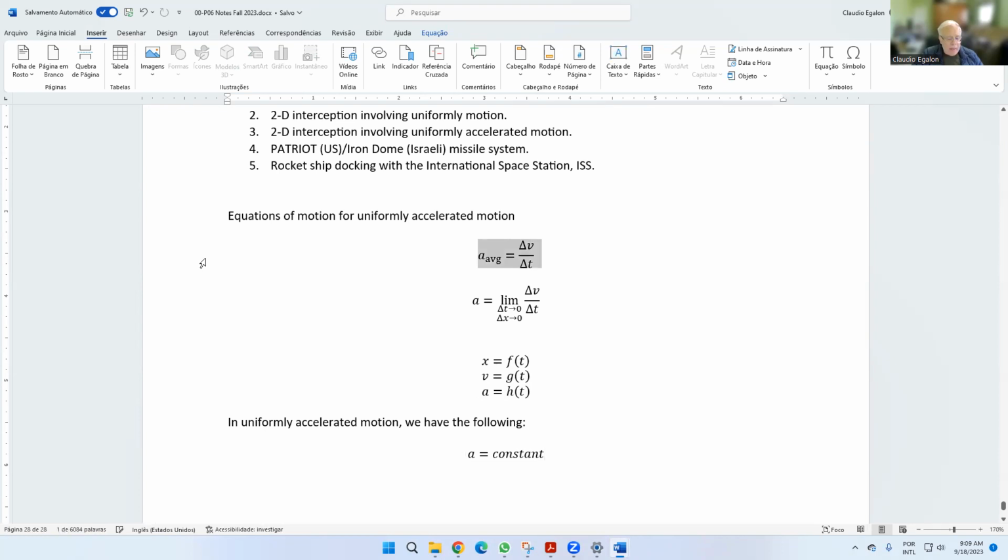And if A is constant, the average acceleration is going to coincide with the instantaneous acceleration.